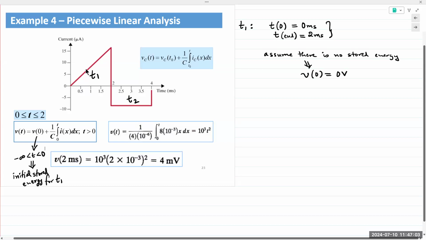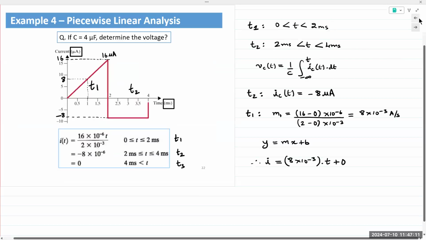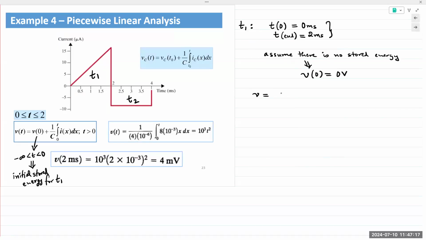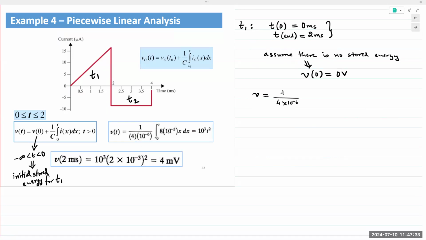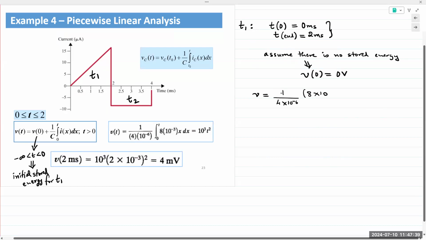Okay, so that voltage, of course, is 1 over C. C is given as, let's see, what was the value of C? 4 microfarads. And so we have 1 over 4 microfarads, 10 raised to minus 6, integral 0 to t of 8 milli, so that would come outside, 8 into 10 raised to minus 3.